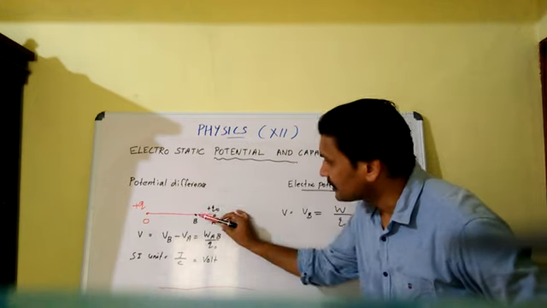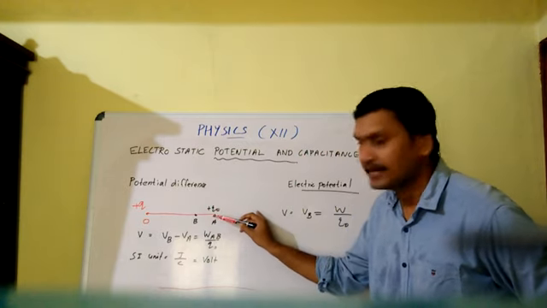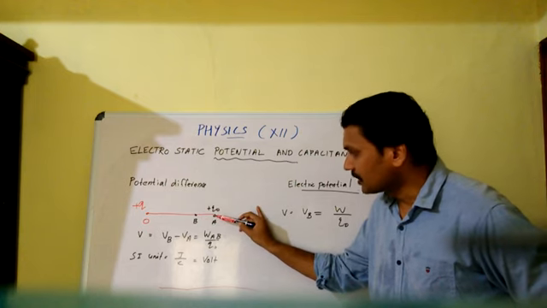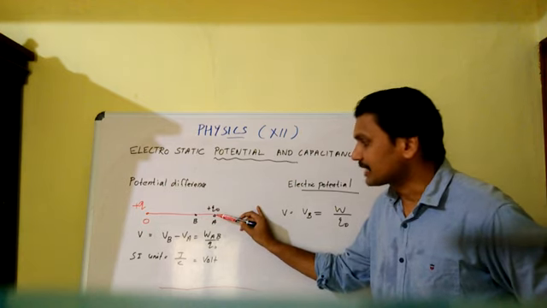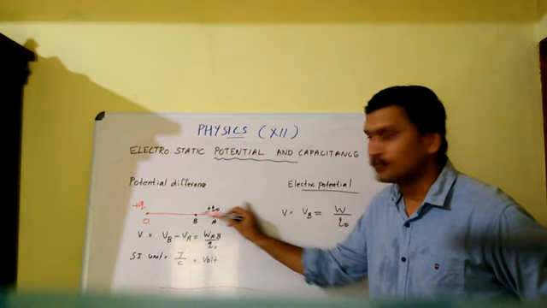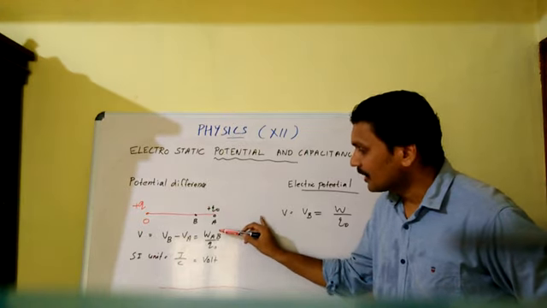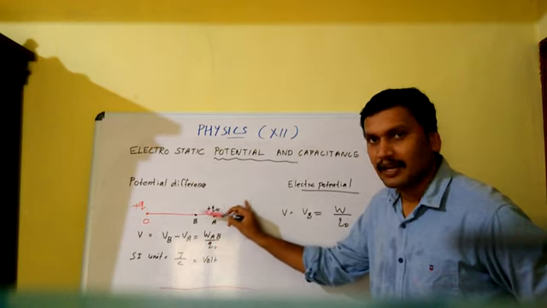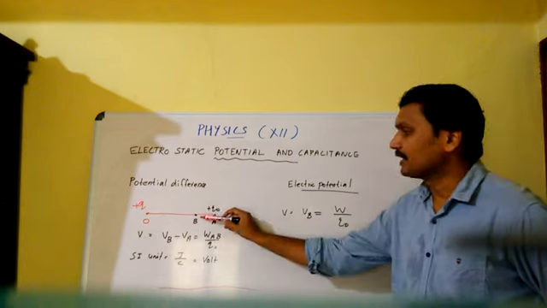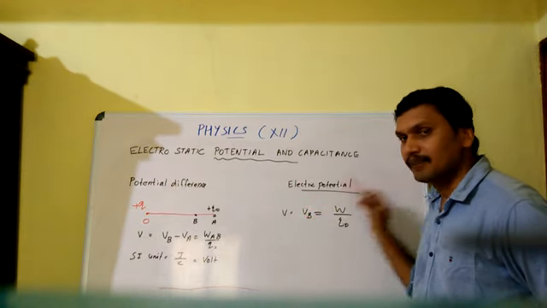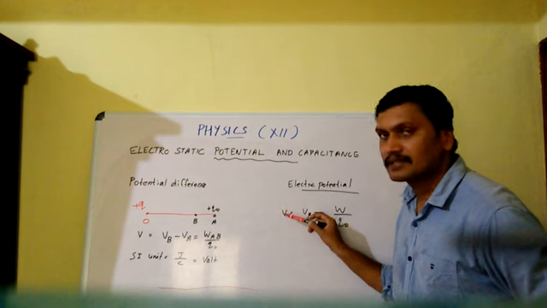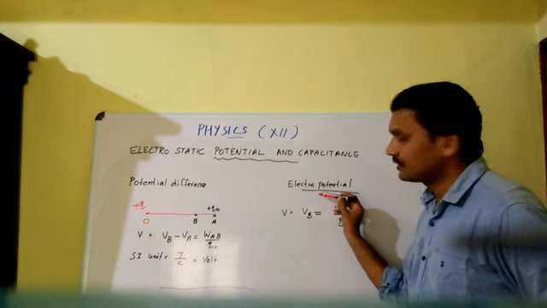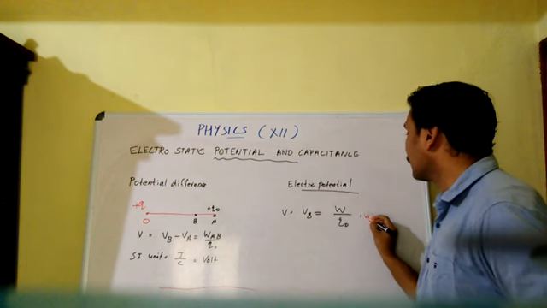Potential difference between two points is defined as the work required to move a unit positive charge from A to B. And potential is also measured in volt.